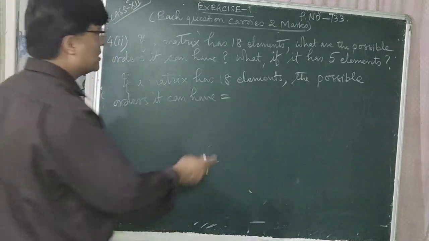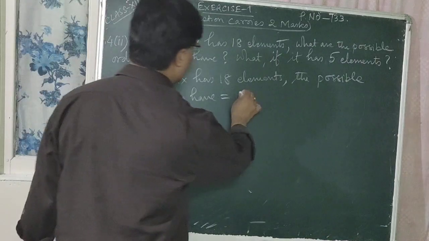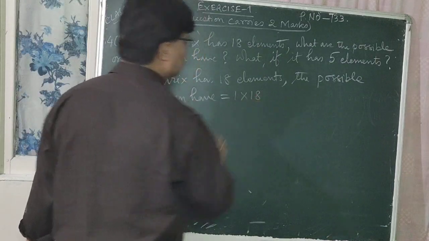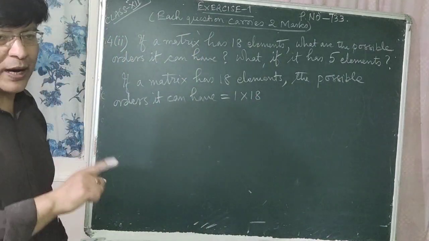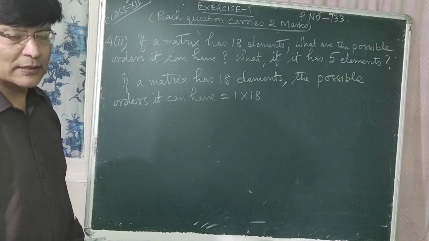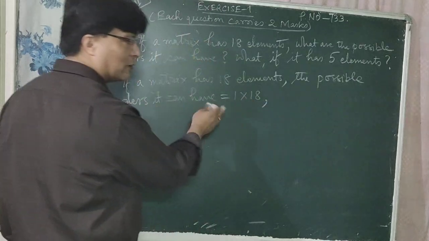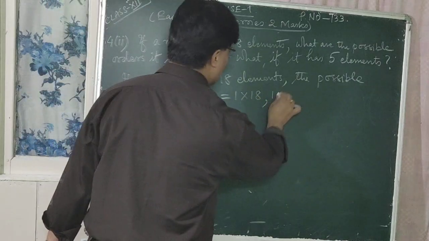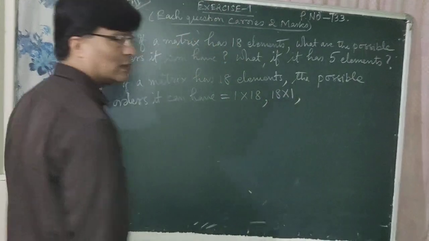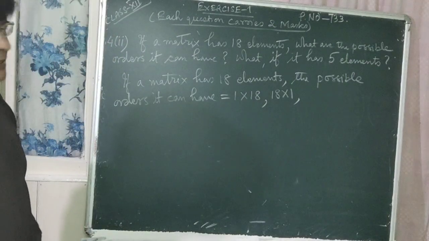It may be 1 into 18, isn't it? There are 18 elements. What do you mean by 1 into 18? 1 row and 18 columns. You can write it in the reverse way also, 18 into 1, right? So these are the two possible orders that it can have.